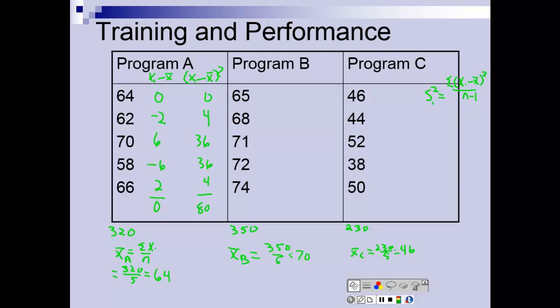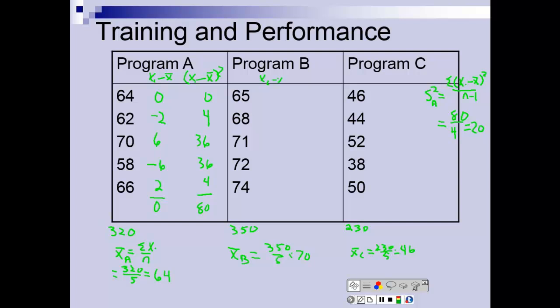So for S squared A, I'm going to have 80, the sum of the squared deviations, divided by 4, is equal to 20. Is that what I had on the PowerPoint? Did I? Okay, good. I don't have my calculator with me and I haven't memorized all the numbers in here yet.